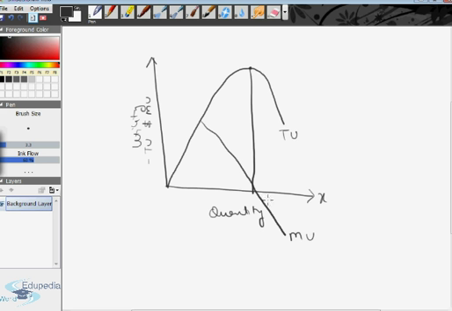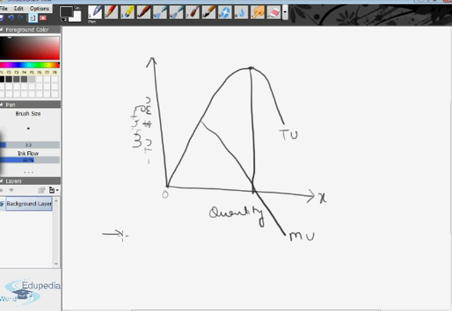The graph very well depicts that when the total utility is increasing, marginal utility is diminishing. When the total utility is maximum, marginal utility is minimum. And when total utility has started diminishing, marginal utility becomes negative.